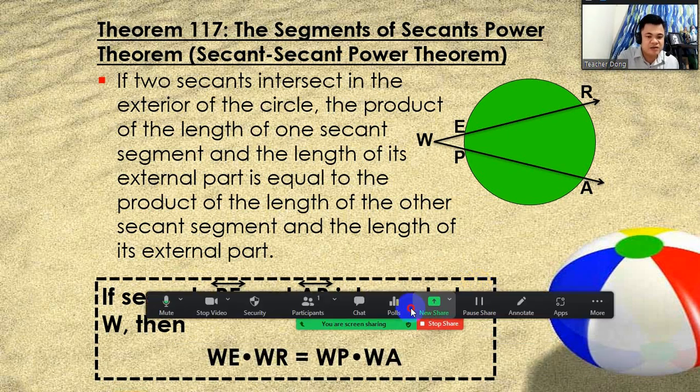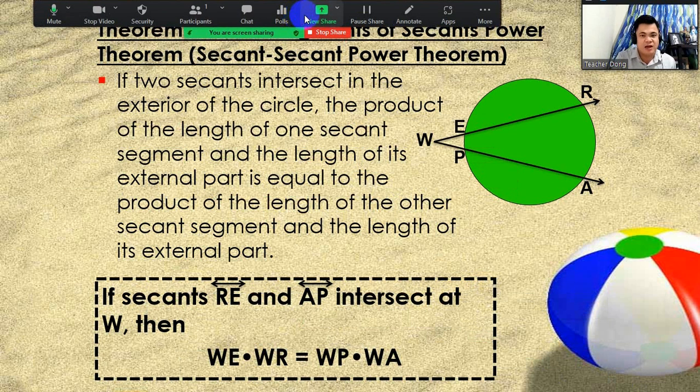To better understand this, guys, in the previous theorem, we are multiplying portion times portion equals portion times portion. But in this case, we're going to multiply the portion and whole of the first secant, equals the portion and whole of the other secant. So how is that? In this case, you will multiply WE times the whole WR. And WR contains the sum of WE plus ER.